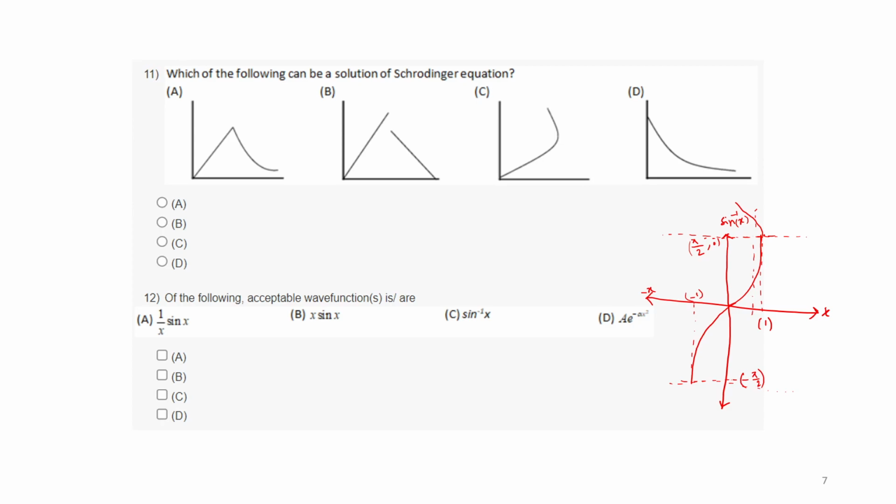I also forgot my 11th and 12th mathematics, I'm very sorry. Can anyone else contribute here? What should have been the boundary for sine inverse x? Anyone else have any input?